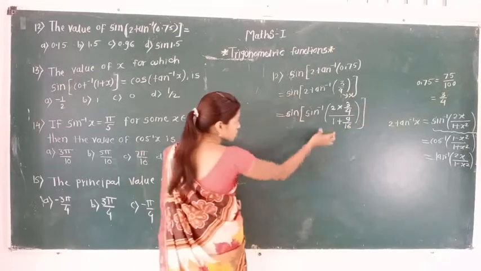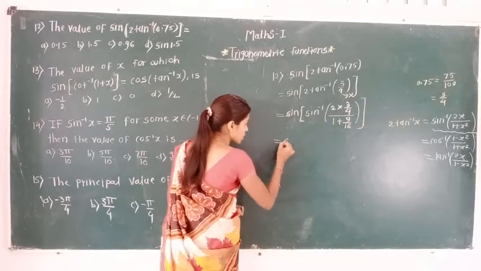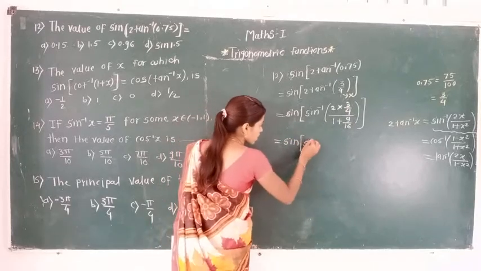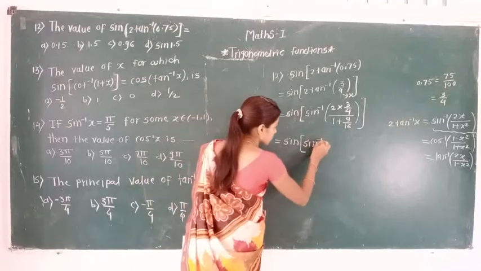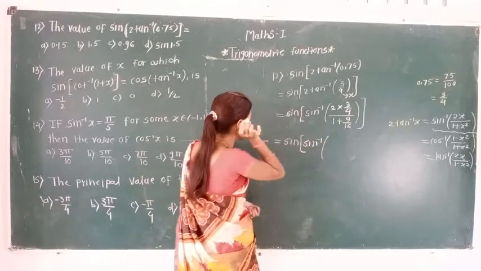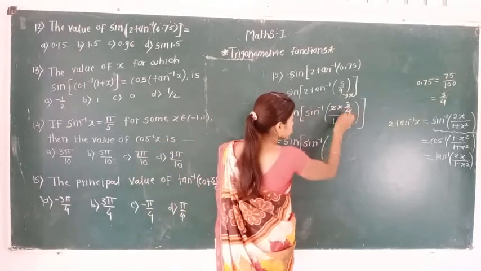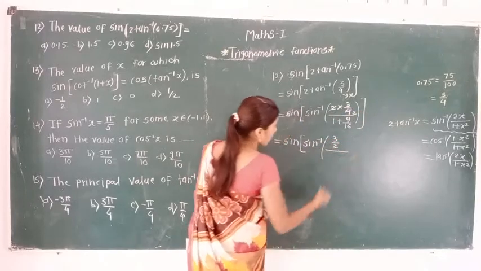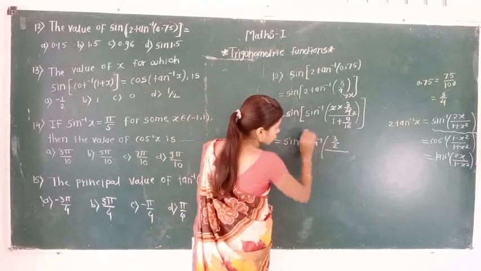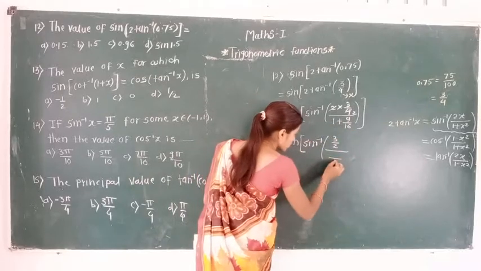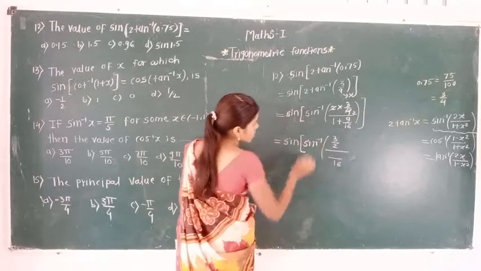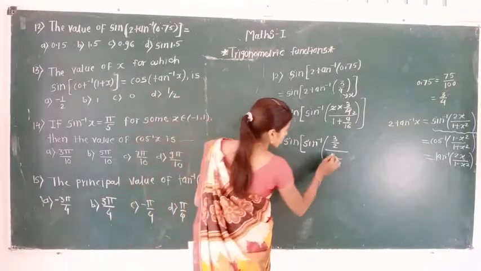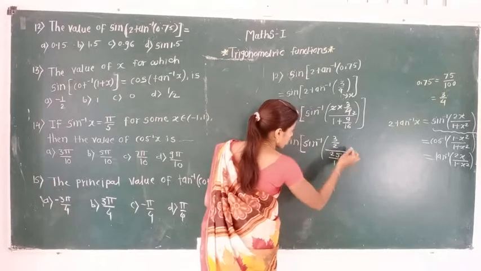So first we simplify this bracket, we can write sine of in bracket sine inverse. Simplify this term, 2 2s are 4, 3 by 2 divided by, take a cross multiplication, the LCM of these two terms is 16, 16 plus 9 gets 25.